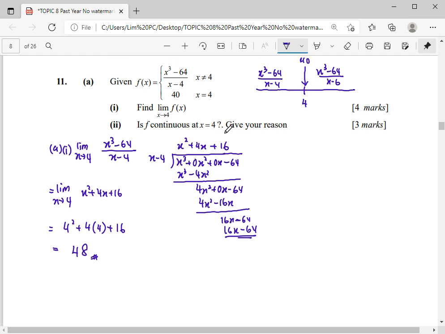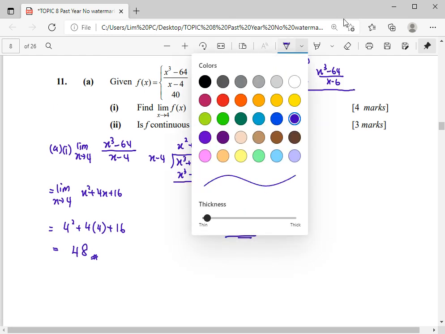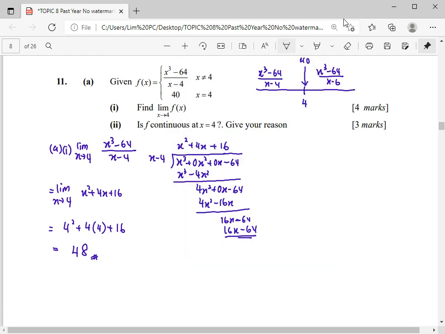When you want to determine whether it is continuous or not, we must make sure the 3 conditions are fulfilled. For part 2, the first condition: does the point exist? f(4), does it exist? f(4) is 40, so it is defined. Then condition number 2: does the limit exist?